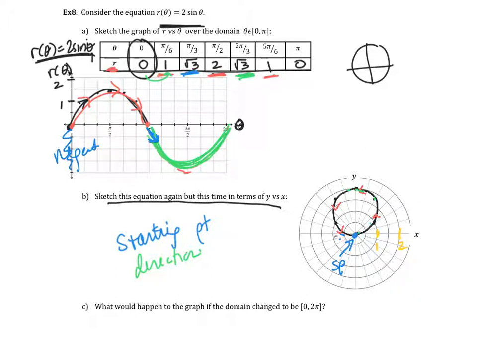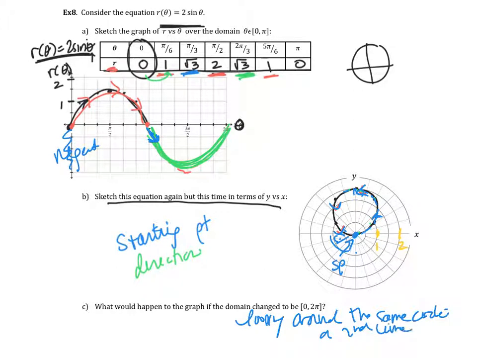So when I rotate down here, I'm flipping up to the opposite side, rotating, flipping up to the opposite side, rotating, flipping up to the opposite side. So all I'm doing is going around that circle for a second time. Starting here, looping around the same circle a second time. I'm running out of space here, so I can't write. So looping around the circle a second time.